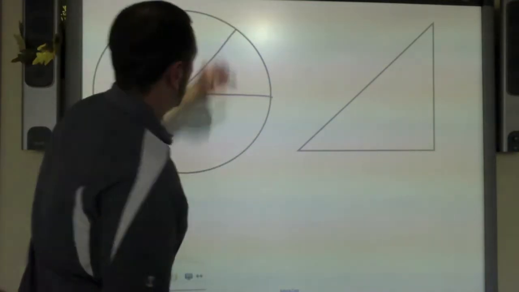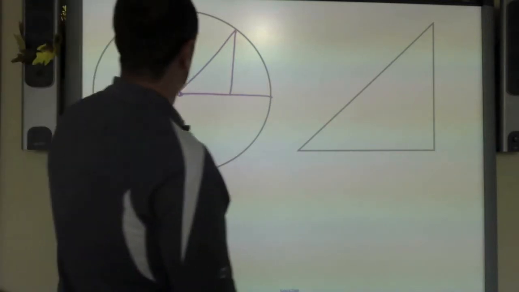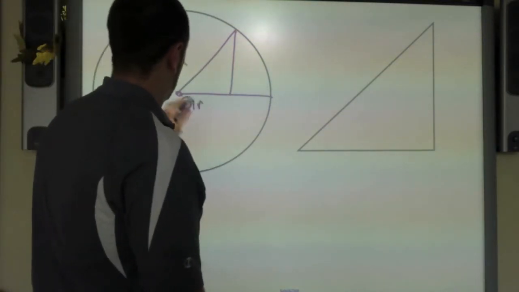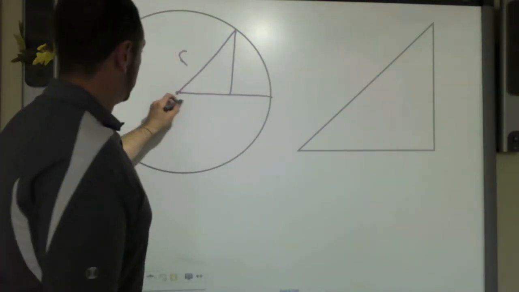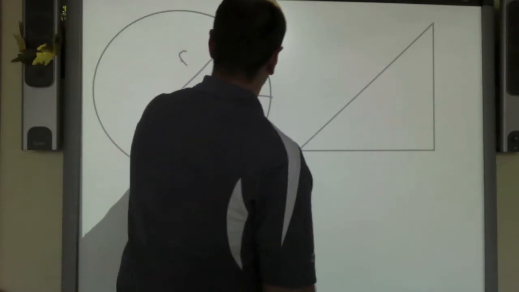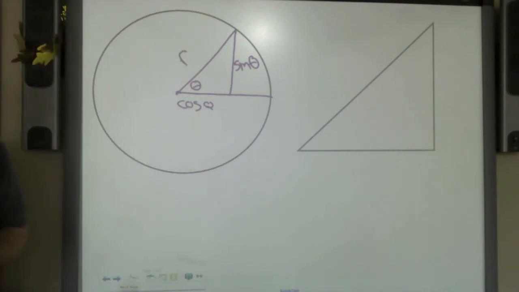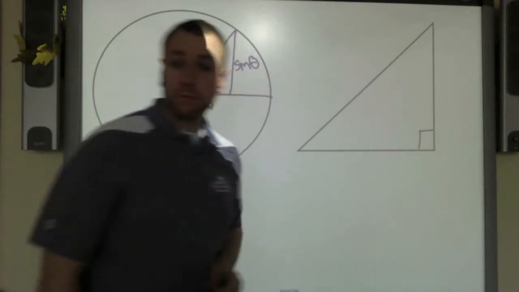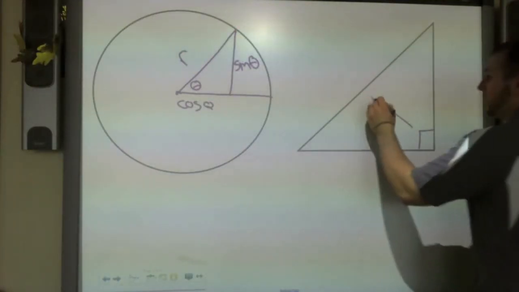But in reality, we don't really use the unit circle a lot. We do it with a triangle. So let me draw this again. Okay. Again, we call this the radius, and we call this the cosine. And this is the sine of that angle.